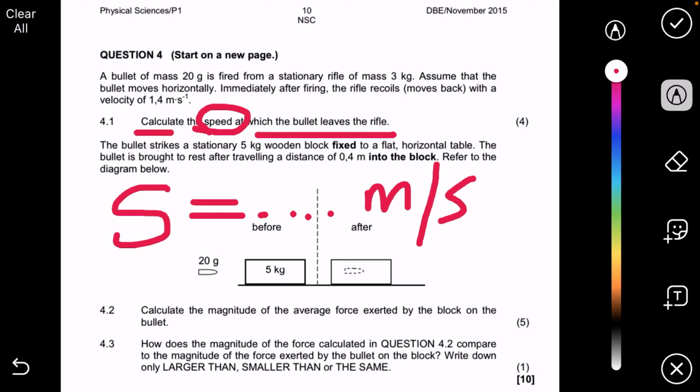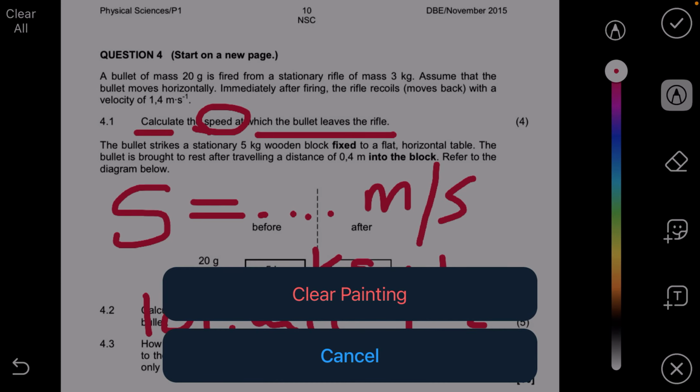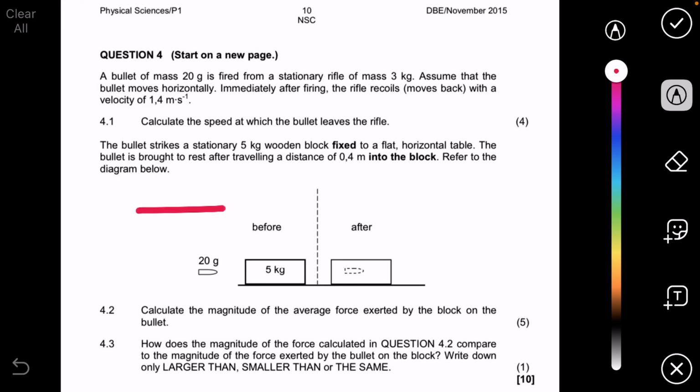If you do some calculations and you find your final answer in kilograms, in meters, in hertz, it is completely wrong. We just want an answer in meters per second. How do I know? Because the cream of the question is that word, the speed. Guys, I assume we're on the same page when it comes to that part.